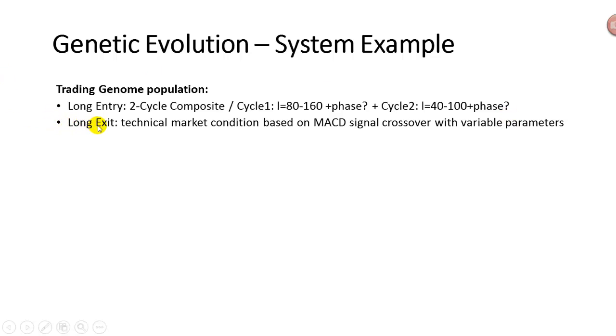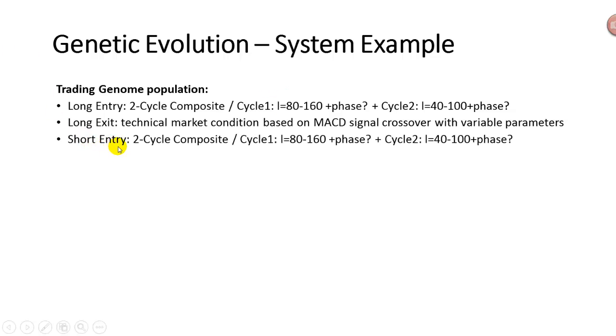Our exit is in addition based on the technical market condition, and we use a MACD signal crossover with variable parameters. So length settings for the signal line and the normal line are variable and not fixed in this case. So we use a static cycle composite to enter the trades and the technical market condition to exit our trades if we have overbought market situations for long trades.